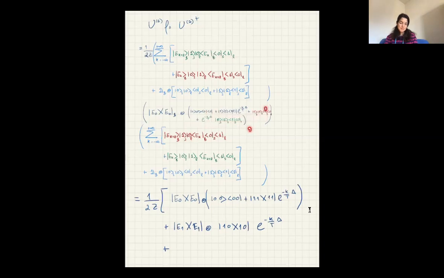So only when they are the same, both on the left and on the right, will the term survive.